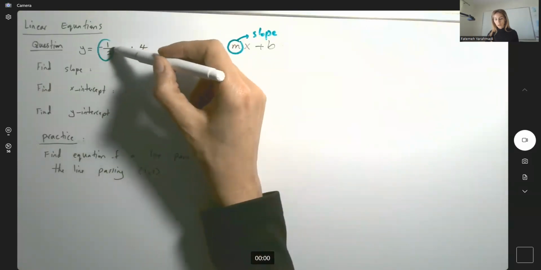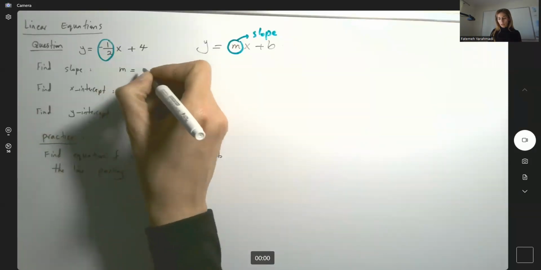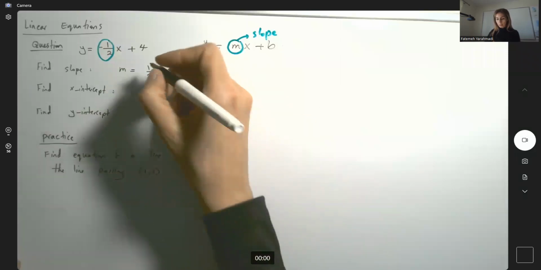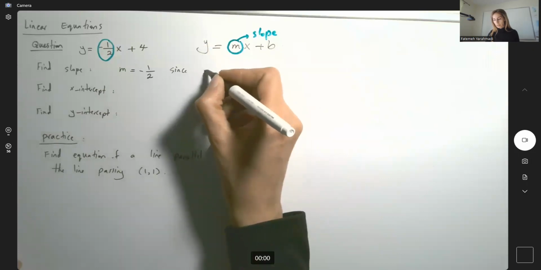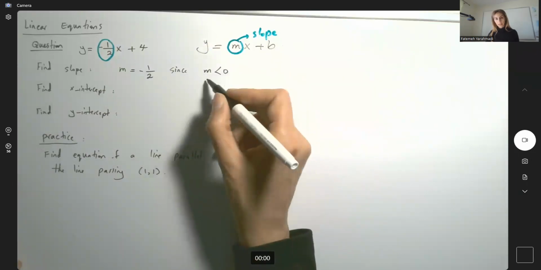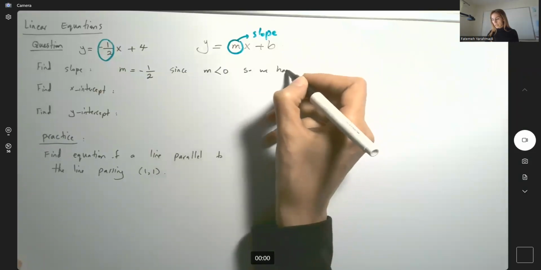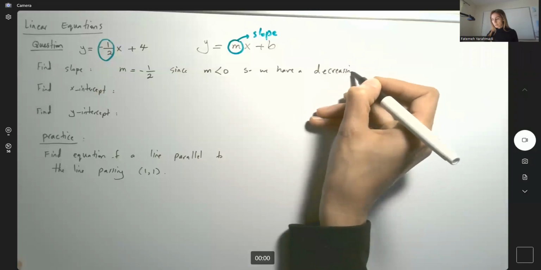This is the fraction. So slope m is equal to -1/2. Since it's a negative number, we expect the line to be a decreasing line. Since m is less than 0, m is negative, so we have a decreasing line.